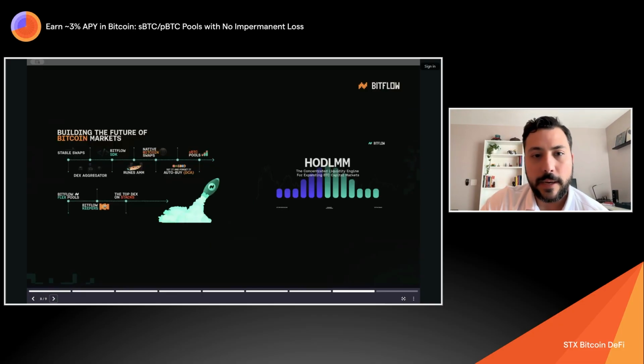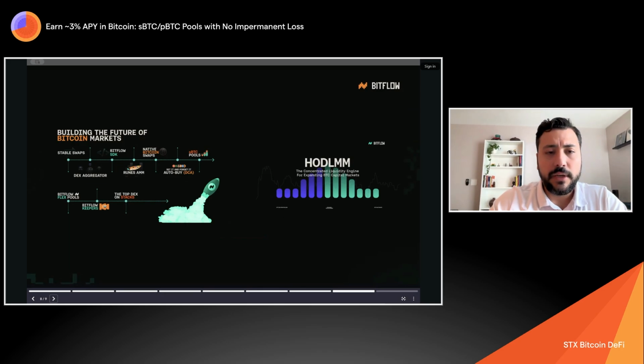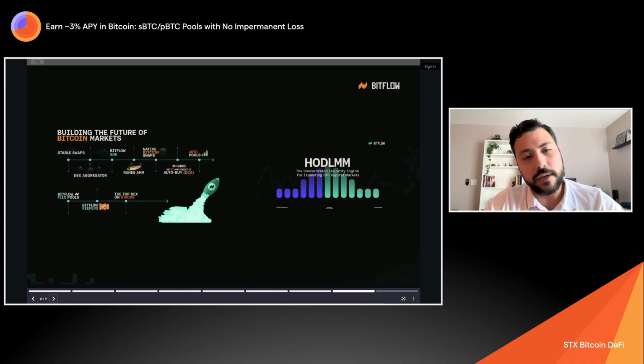We are building the future of Bitcoin markets. We believe that the future will be priced in Bitcoin, and that's what we're aiming for. Besides the stable swaps, the DEX aggregator, and the native Bitcoin swaps that I covered, we also have the Runes AMM and a lot of automations.